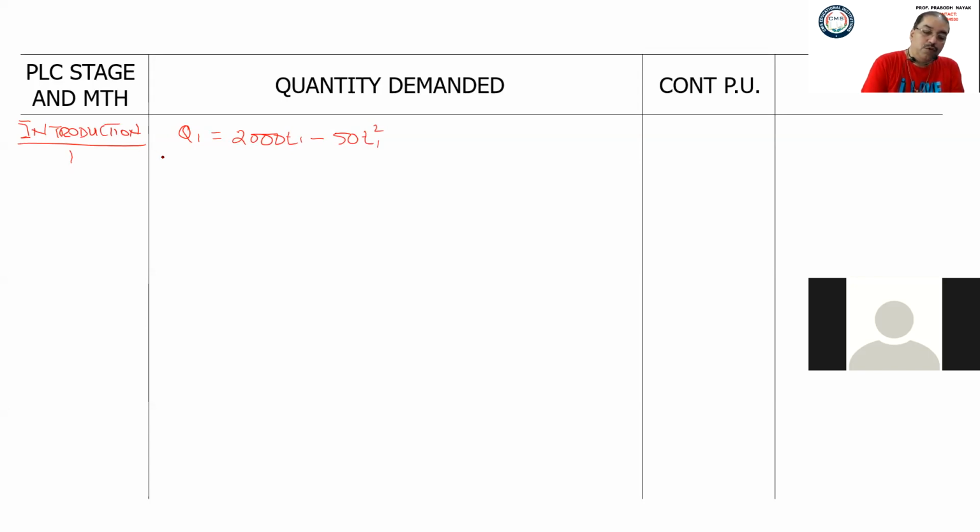So it becomes 2000 into 1 minus 50 into 1 square. What is 1 square? 1. So 2000 minus 50 is equal to 1950 units. Correct?